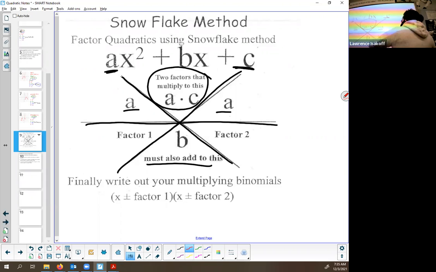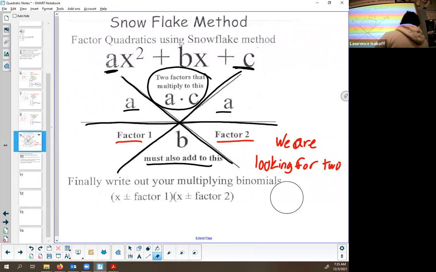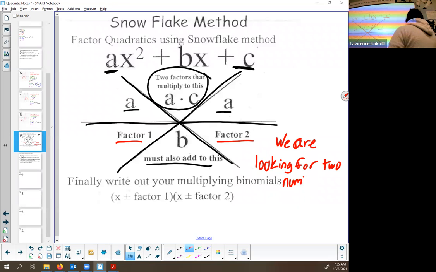So I'm going to write for the factors, we are looking for two numbers that multiply to give us the top number.